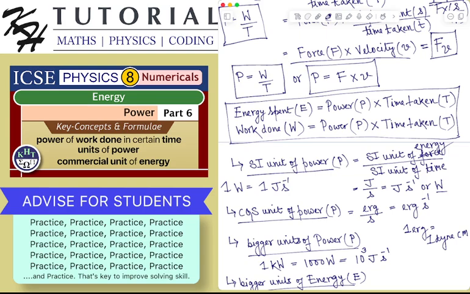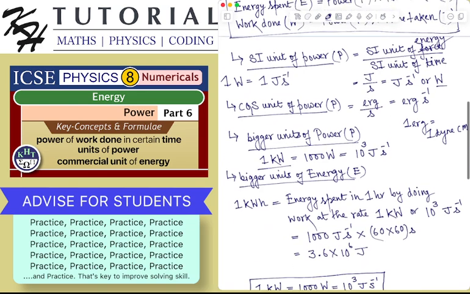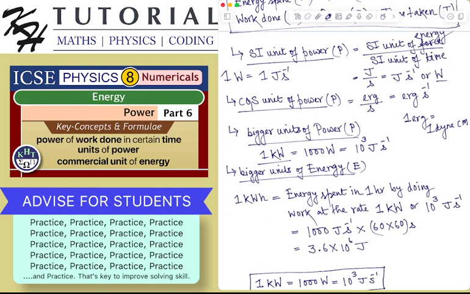Now in general, for calculation of power, bigger units of power are needed. Like 1 kilowatt means 1000 watt. As you know, kilo means 1000, so 1000 watt, which is 10 to the power 3 watt, means joule per second. Now there is one very important unit of energy, which is the commercial unit of energy.